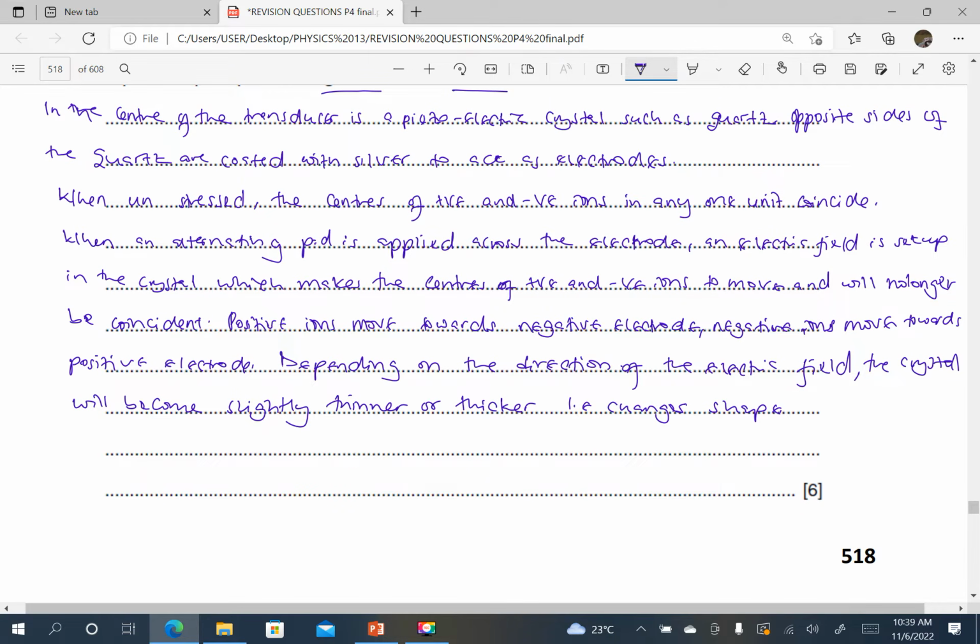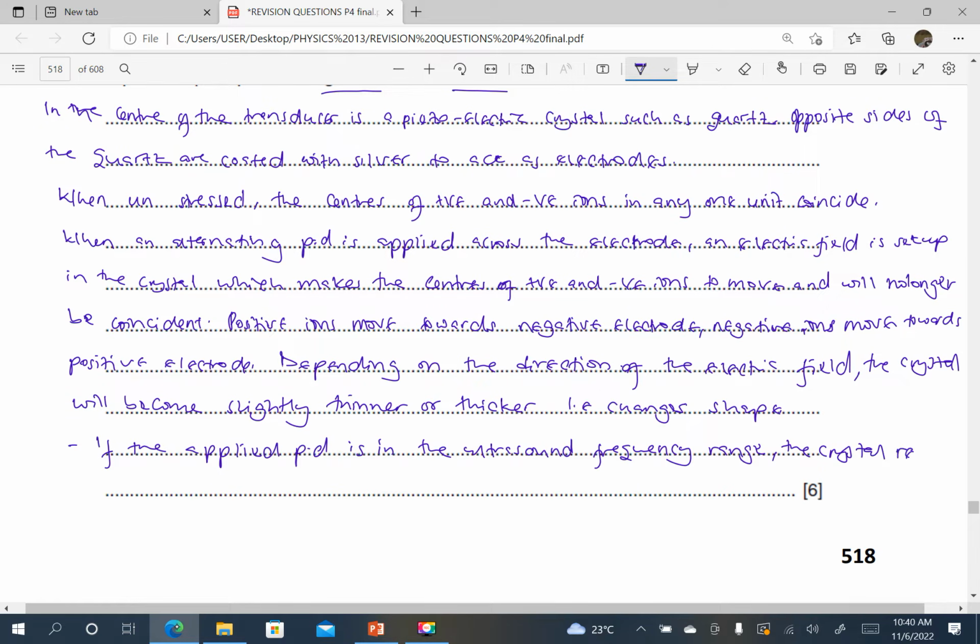Now, if the applied PD is in the ultrasound frequency range, that is of course above 20,000 hertz, the crystal will vibrate with the maximum amplitude. We say resonance occurs.